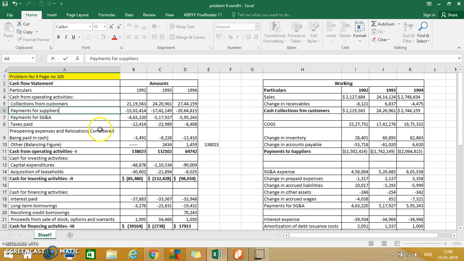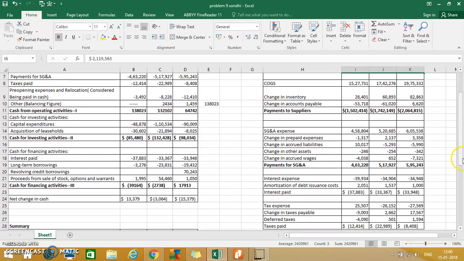Okay, and then you talk about your selling and general administrative expenses, the payments for the selling and the general administrative expenses, 463. I have taken these items there, so that I am just converting it to cash so that it becomes easy for you. So these are the expenses that I have taken.